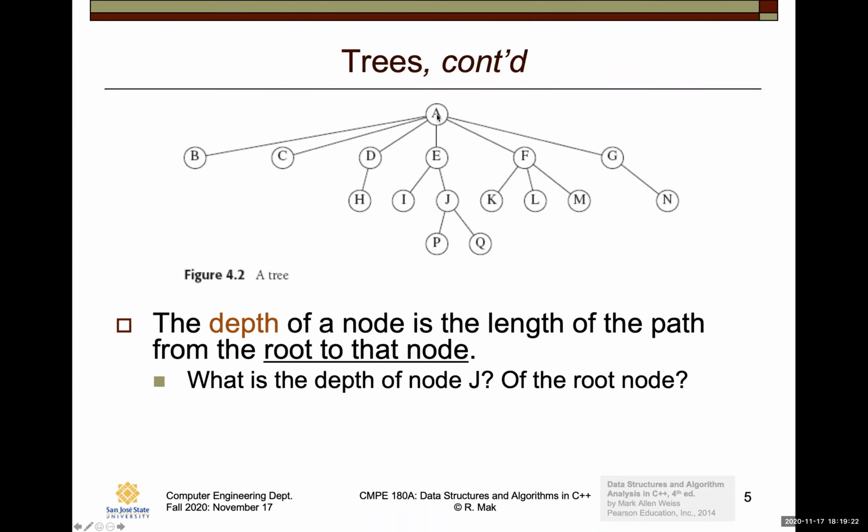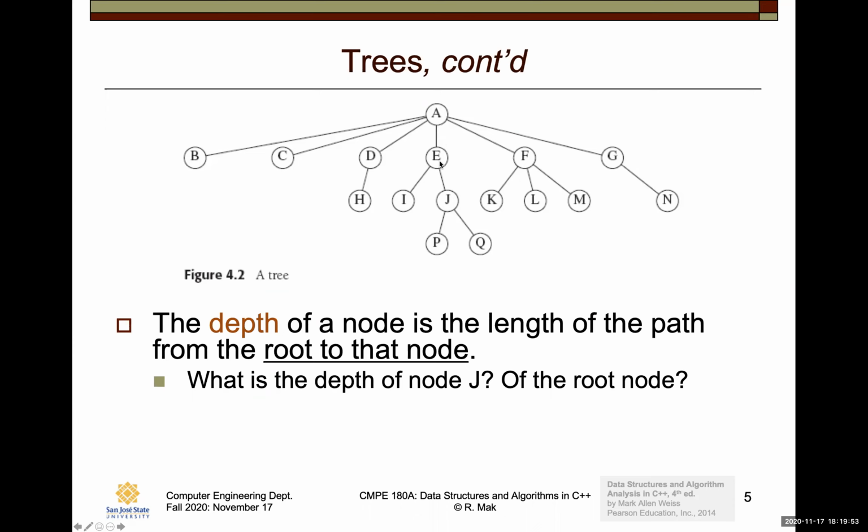Well, the path from the root to J is A, E, J, and there are 2 edges, so the length of this path is 2, and that is the depth of the node J. What is the depth of the root node? Well, it's 0, because there's no path at all, it's just the root.